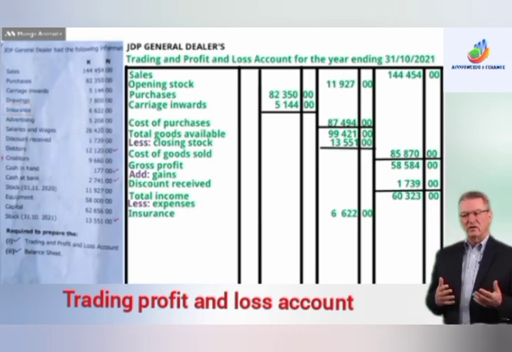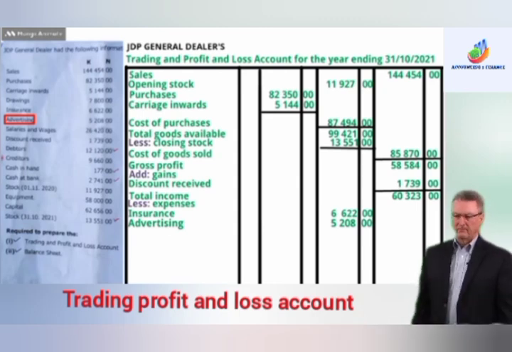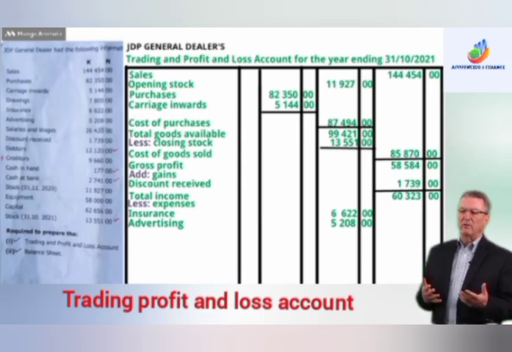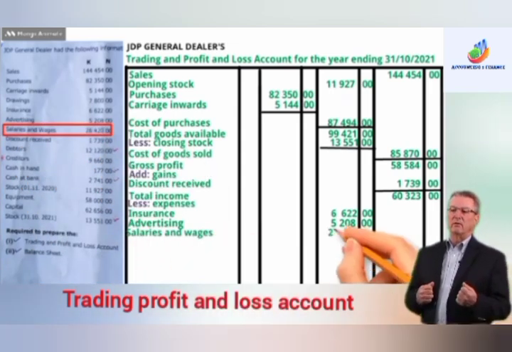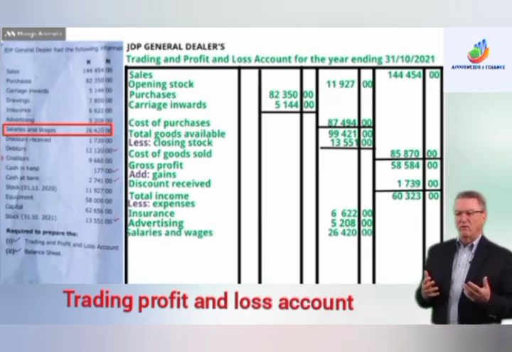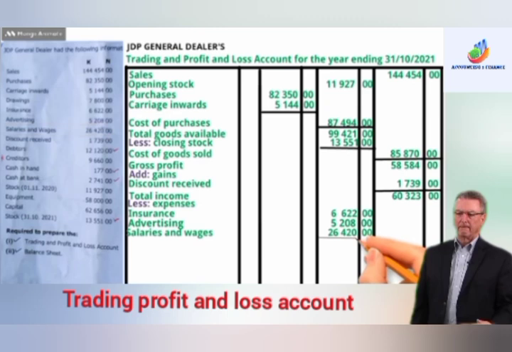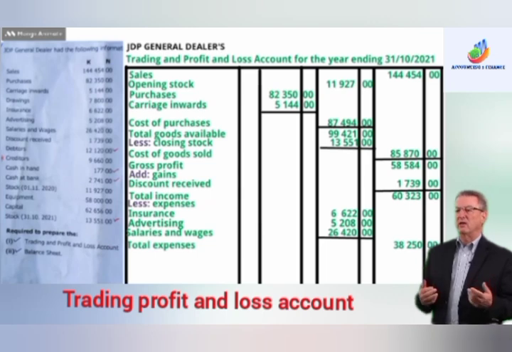Then they also advertised, so advertising is 5,208. Then there were also salaries and wages. They paid their workers 26,420.